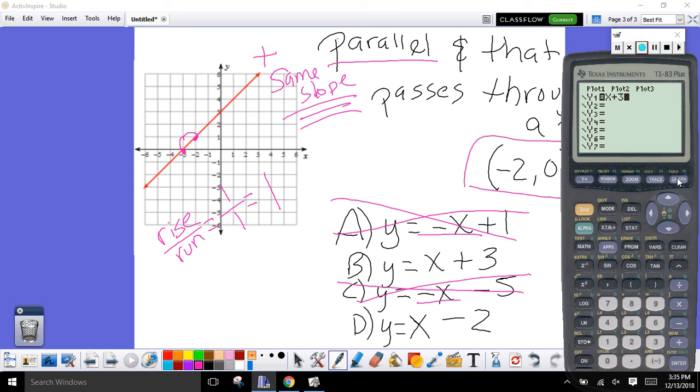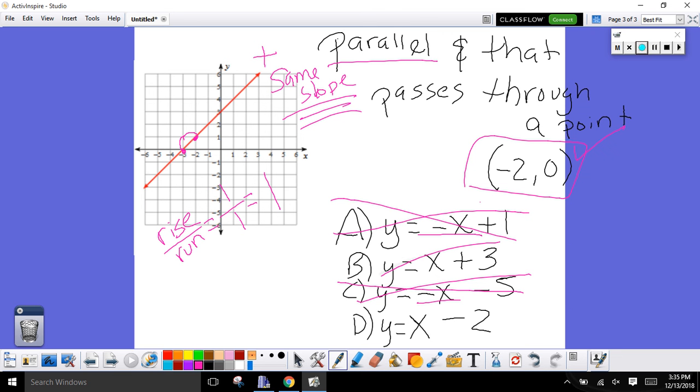And I'm not going to graph it because I know it is parallel. I am going to look at my table. I have a point -2, 0. So let's go to -2. -2 is right here. But the y is not 0, it's a 1. So that cannot be my answer. My answer must have a point of -2, 0. So that's not my answer.